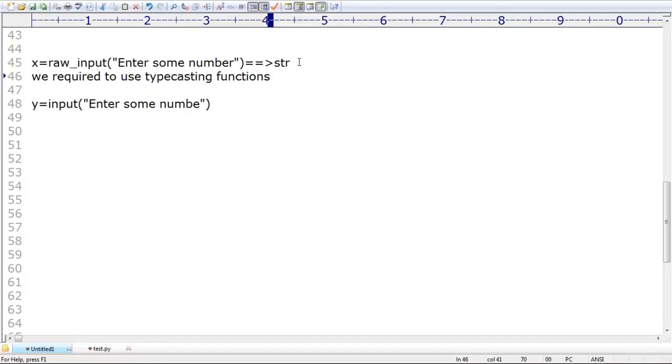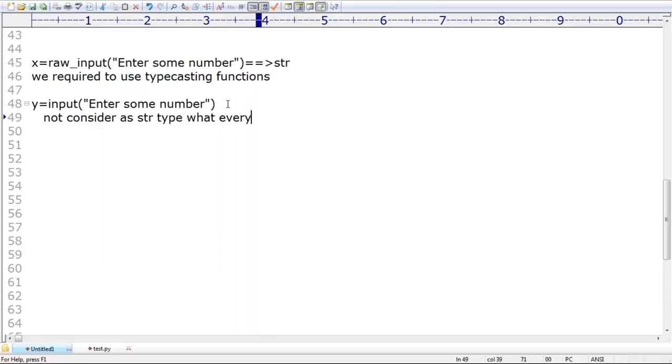Typecasting functions, right? Remember, regarding input data, it's not considered as str type. Sir, a bit of contradiction. Listen a bit carefully for one minute, then you will get much clarity. Not considered as str type.